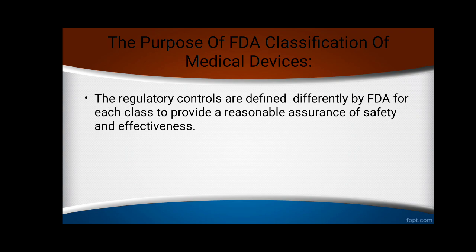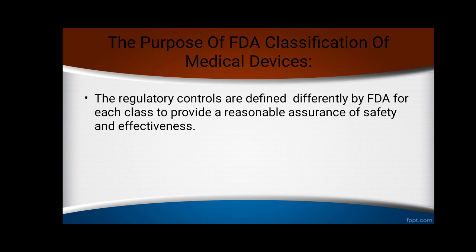With these explanations, you now understand why medical devices need to be classified. Because the importance of safety and effectiveness of medical devices is different, the FDA determines a different level of regulatory control for each class of medical devices.